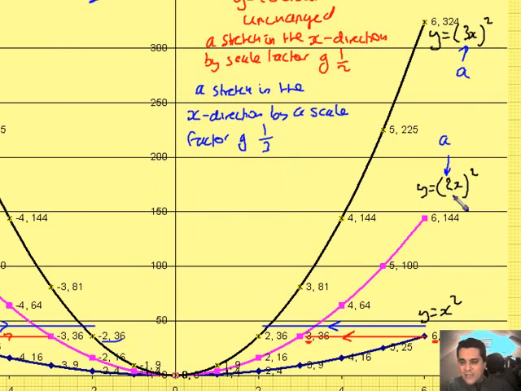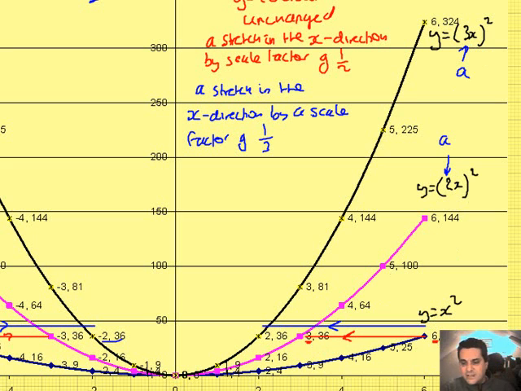How do I transform x squared into 2x squared? I divide my x coordinate by 2, so my 6 becomes 3, but the y is unchanged. So (6, 36) becomes (3, 36). How do I transform my x squared into 3x squared? I divide my x coordinate by 3.